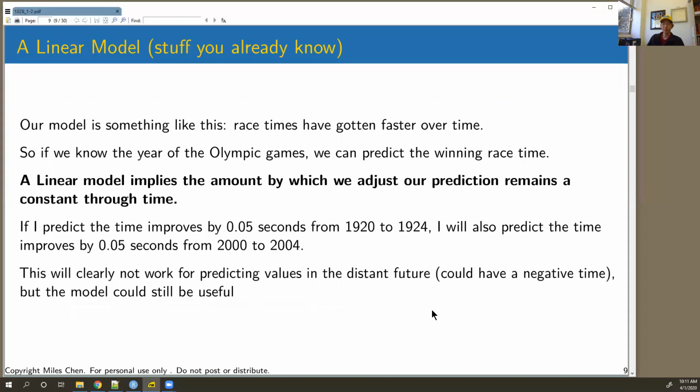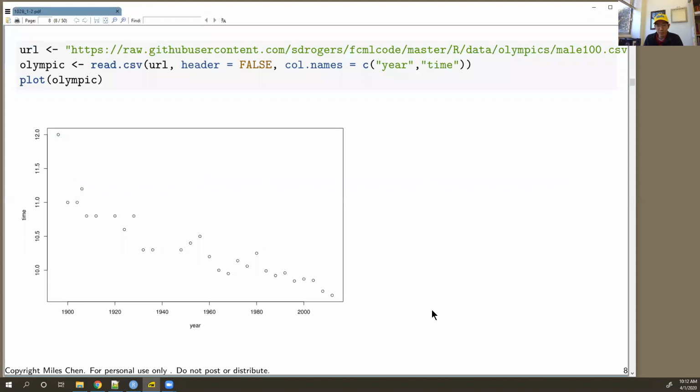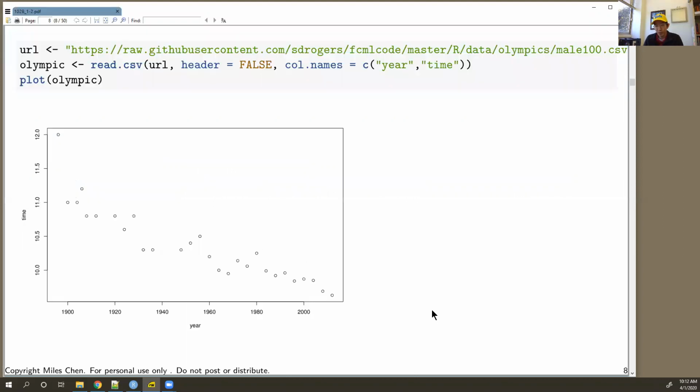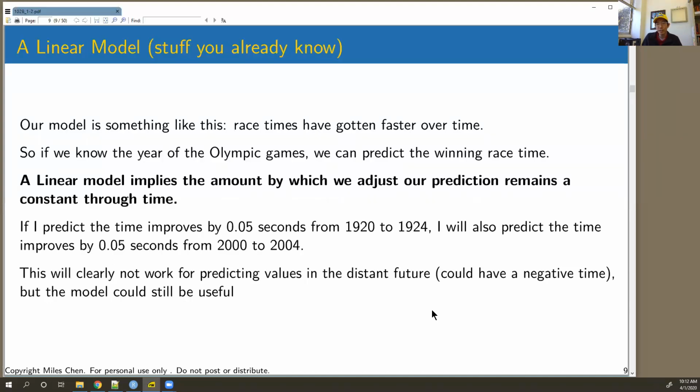It's quite a difference. All right, so linear regression, the linear model, is something that you are probably very familiar with already, I'm assuming, from 101A. What we're going to start off with is a model that basically says, as time has gone on, the winning time has gotten faster. And therefore, if you know the year in which the Olympic Games took place, you can have a generally decent idea of how fast the winning race time was.